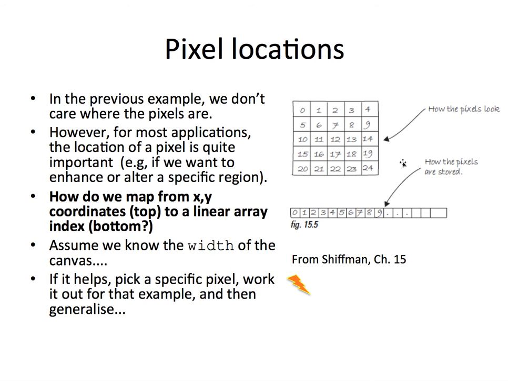If it helps, think about a specific pixel, like this one here, which is at 0, 1, 2, 3, 0, 1, 2. So it's at 3, 2. X equals 3, y equals 2. Try and work out what the formula would be for getting from that xy coordinate to the position in the array. Pause the movie and have a think.